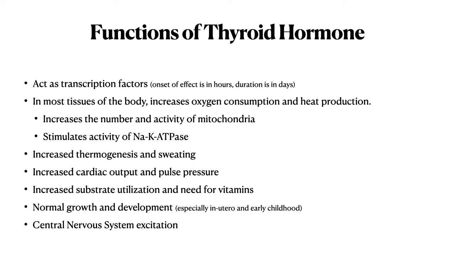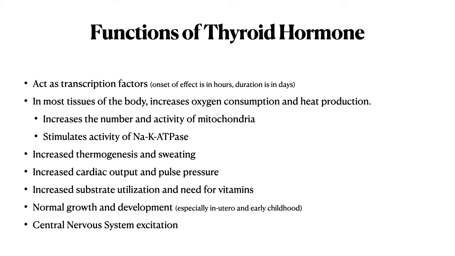Because thyroid hormone speeds up metabolism, it will increase the utilization of carbohydrates, glucose, fats in the form of fatty acids, and amino acids in the peripheral cells, because at the end of the day, these substrates will be broken down to provide energy.